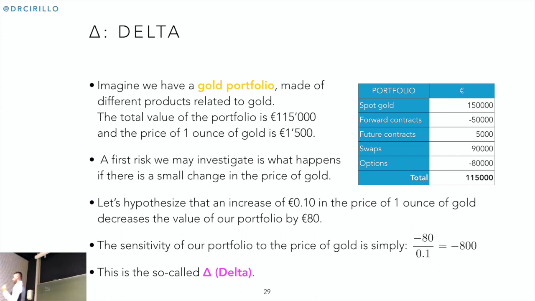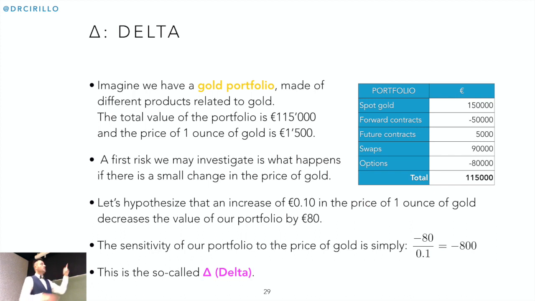Now imagine that on the basis of our model or on the basis of empirical observations, for the moment we don't care, later it will become more important, we know that if there is an increase of 10 euro cents in the price of 1 ounce of gold, then the value of our portfolio decreases by 80 euros.